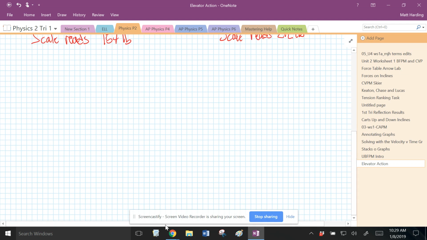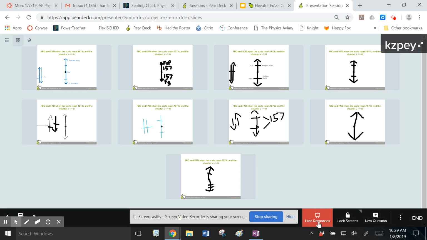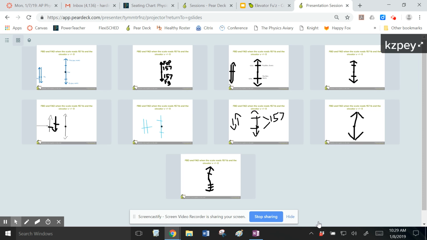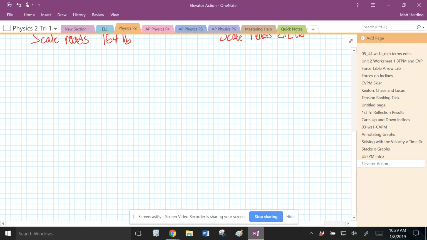All right, where are we at? Cool. So most folks are showing here equal forces in the up and down direction. It's got a constant velocity. The forces have to balance. It's not touching anything additional. So there's just two arrows, 157 pounds up, 157 pounds down.